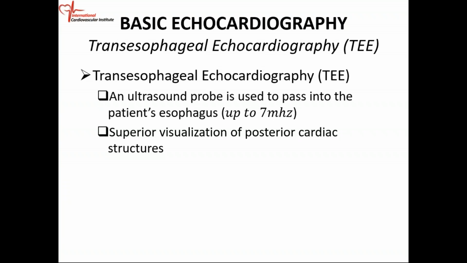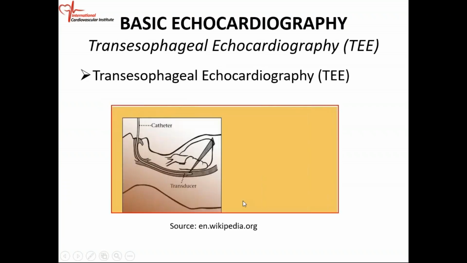It's very good for looking at the mitral valve, and very good for looking at the left atrial appendage. As a matter of fact, you can't see the left atrial appendage by doing your transthoracic echo, so you have to do a transesophageal echo to see it.